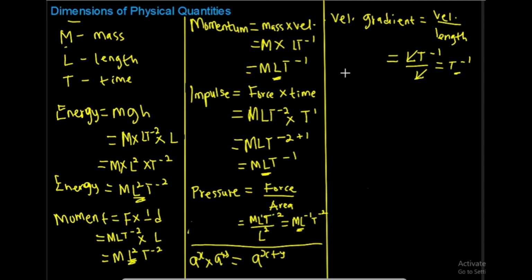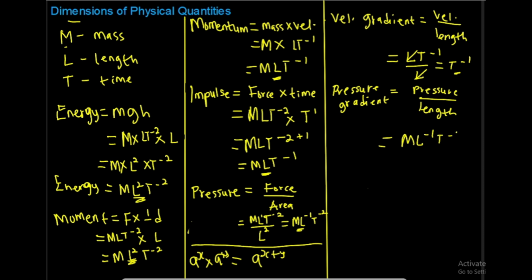Now, we can also talk about pressure gradients. Pressure gradients, like I said earlier, will be pressure over length. So pressure, like we have here already, is ML^-1T^-2 divided by length. We have L here and L here, so we simplify them.